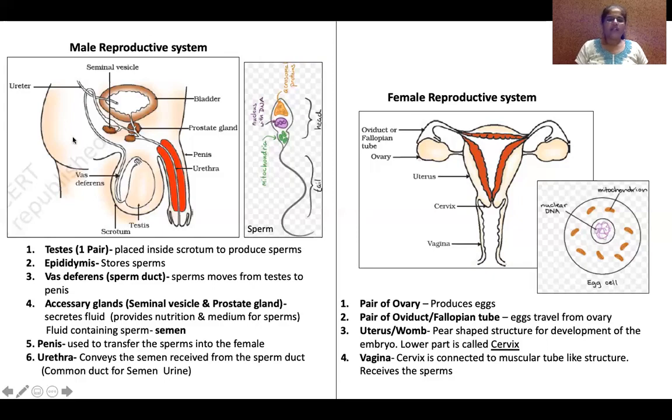The male reproductive system has one pair of testes, and the second organ is the epididymis, which stores sperms, and the vas deferens is the sperm duct where sperm moves from the testis to the penis.